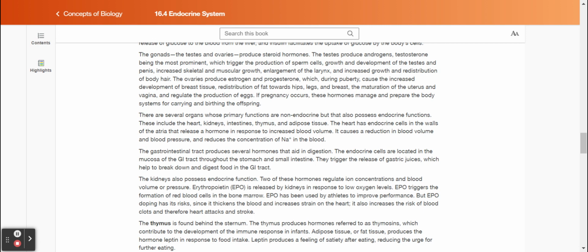The ovaries produce estrogen and progesterone, which during puberty cause the increased development of breast tissue, redistribution of fat towards hips, legs, and breast, the maturation of the uterus and vagina, and regulate the production of eggs. If pregnancy occurs, these hormones manage and prepare the body systems for carrying and birthing the offspring.